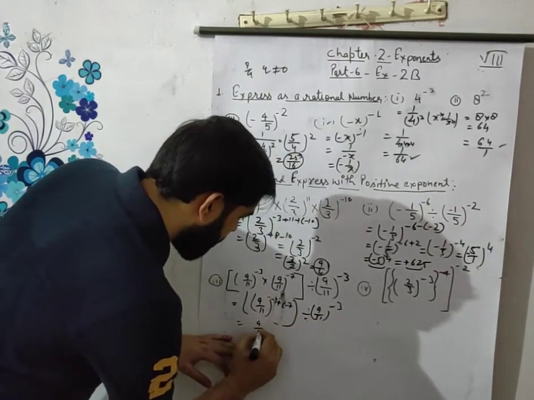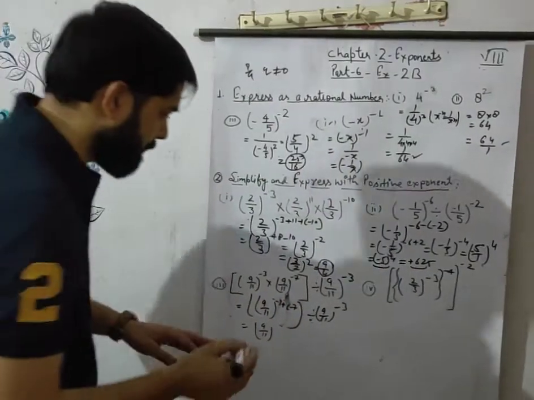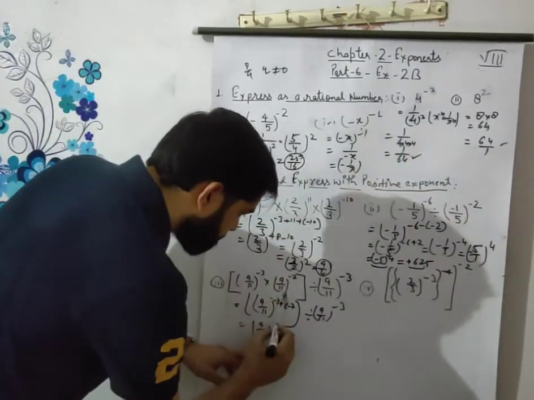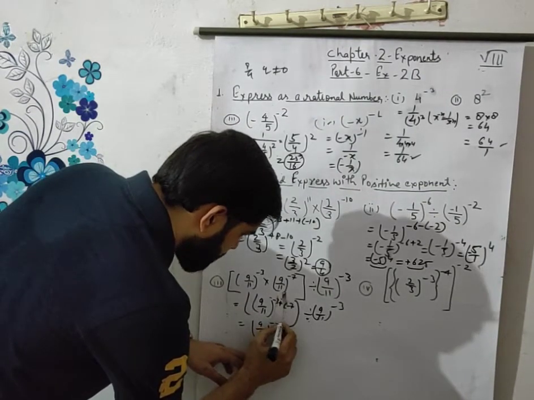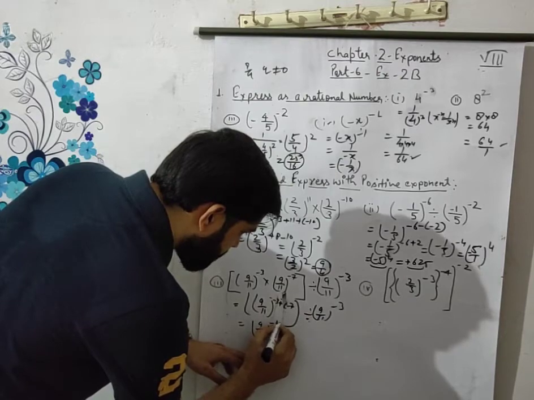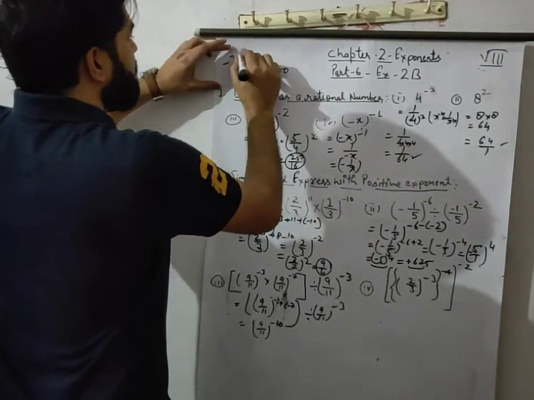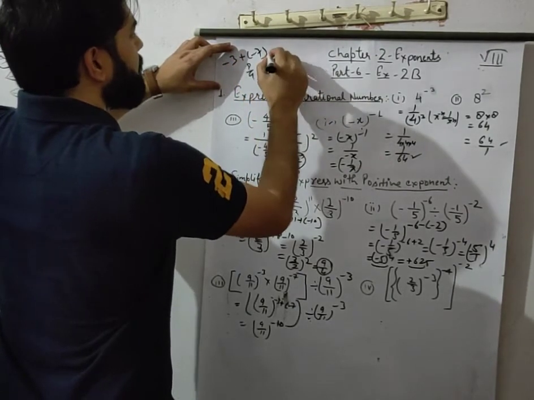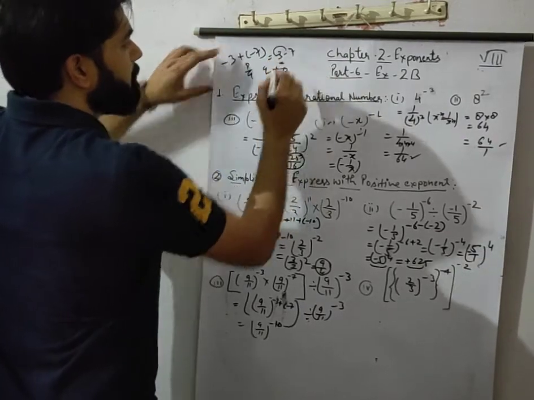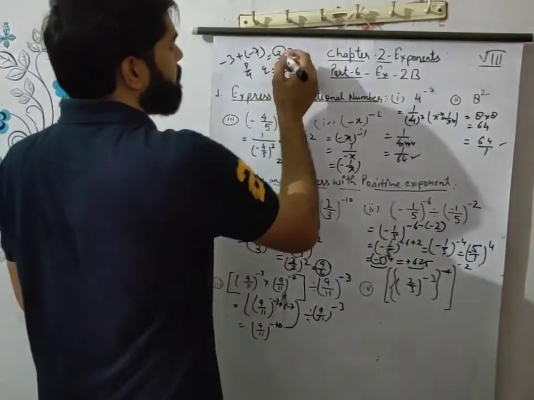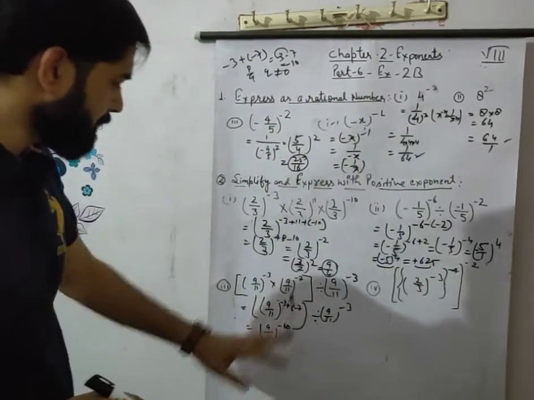Now solve this one: minus 3 plus minus 7, which is minus 10. Minus 10 because, opening the bracket, minus 3 plus minus 7, both have the same sign, so we add the numbers, 7 and 3 make 10, and use the same sign, so minus 10.